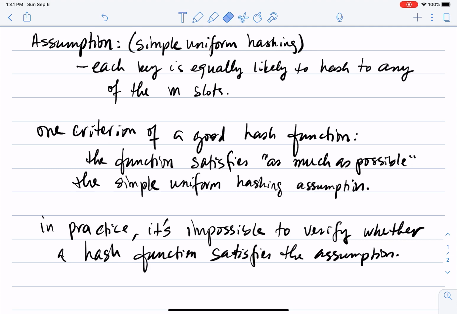In practice, it is impossible to verify whether a hash function satisfies the assumption. So this is why I say we would like for it to satisfy the assumption as much as possible, so as to be as close to uniform distribution as possible.